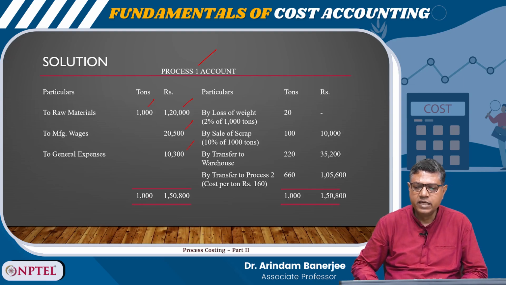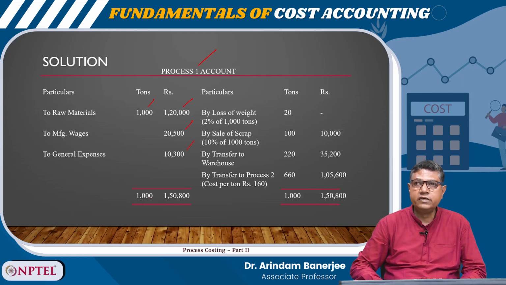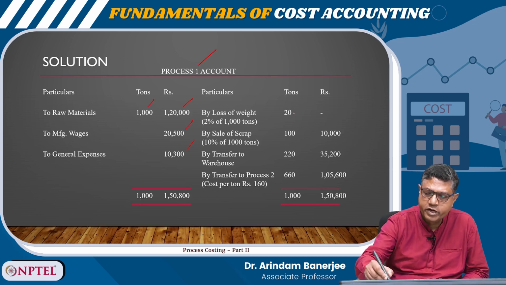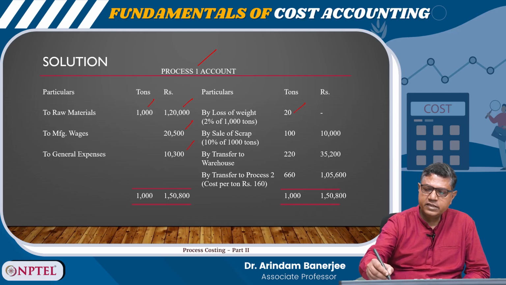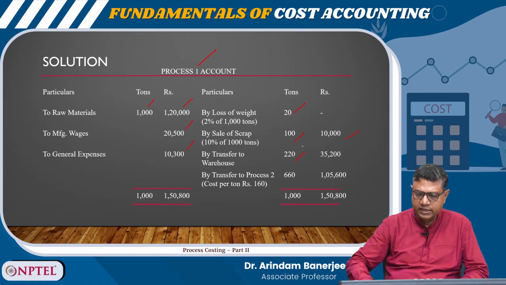Now, out of this, a loss of weight is 2%, that is 20 tons, and sale of scrap is 10% of 1,000 tons, that is 100 tons, so rupees 10,000.